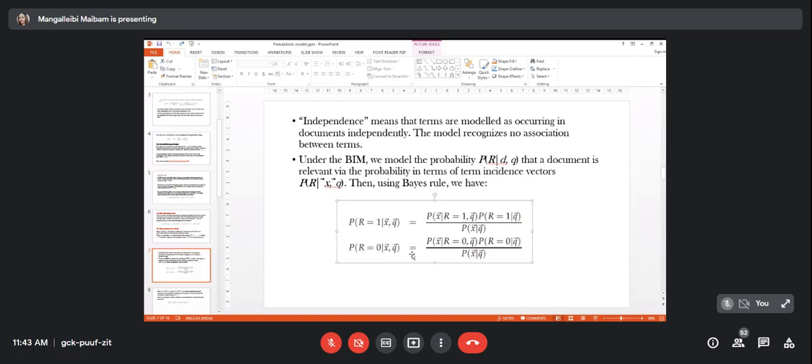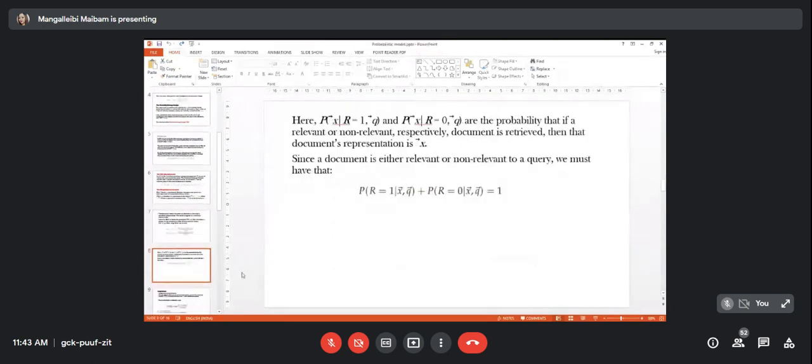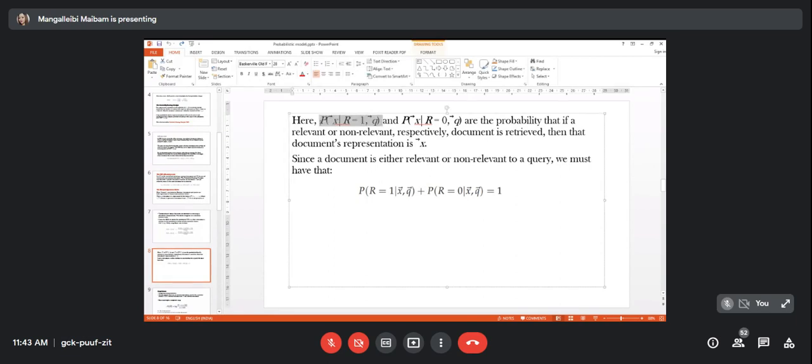R equal to 0 says the document is not relevant. The same thing we have represented using vectors, for the relevant condition and the not relevant condition.